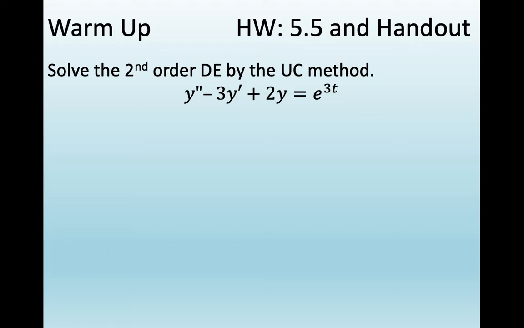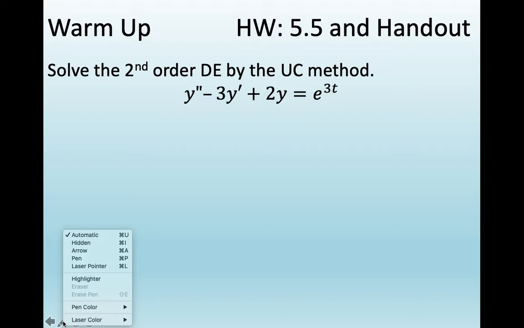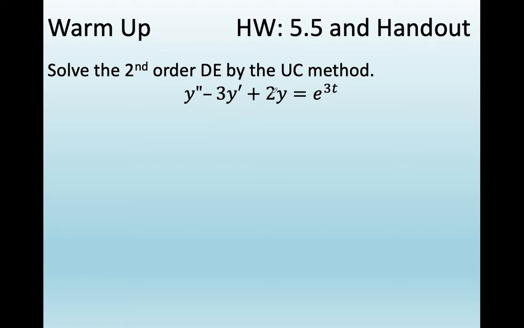So this warm-up, if you want to pause the video and see if you can refresh your skills if you remember how to do this. Otherwise, I will go ahead and take you through it. They asked me to use the undetermined coefficients method. So remember, the first step is to get the complementary solution, which is equal to 0.